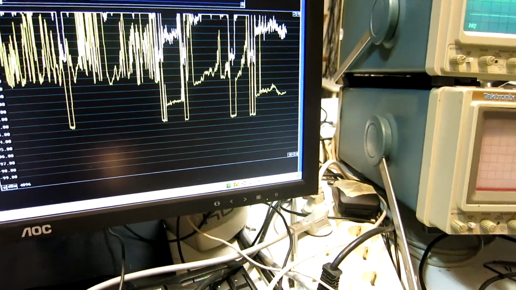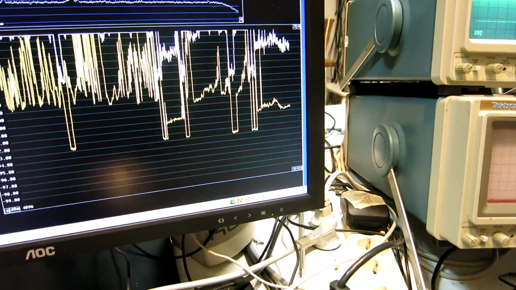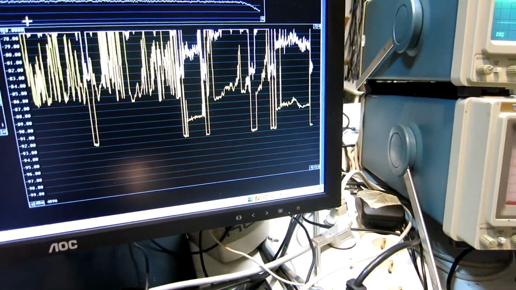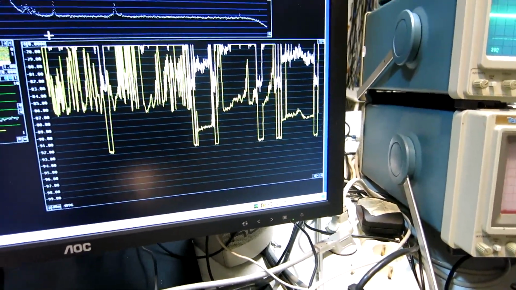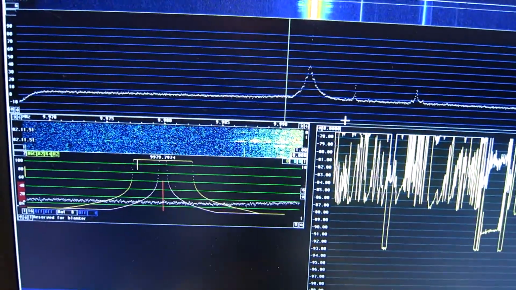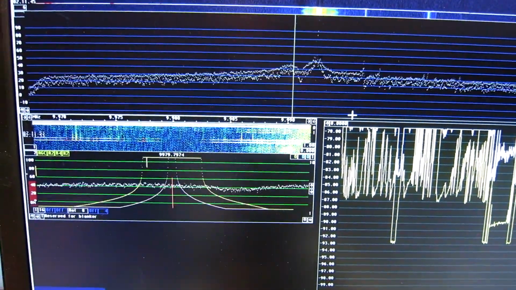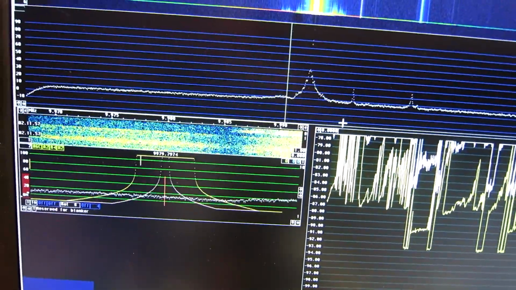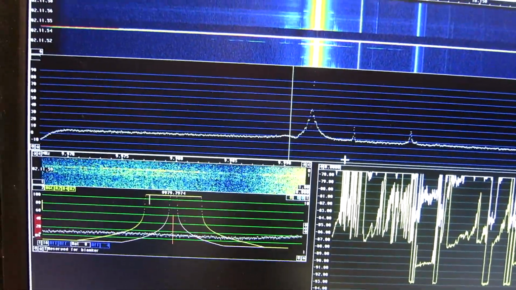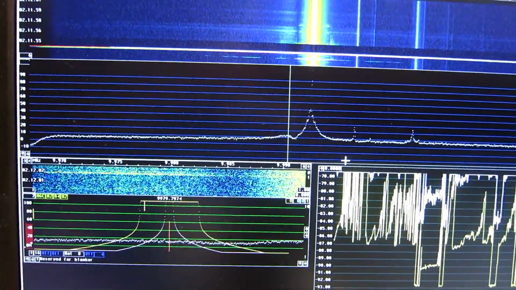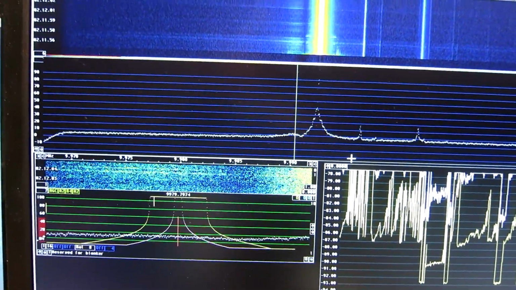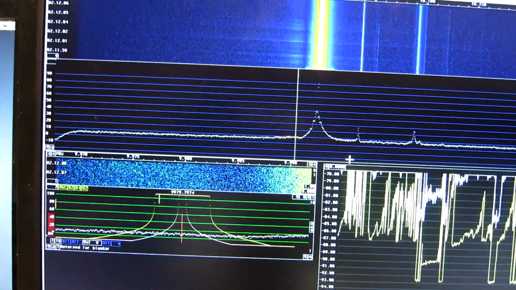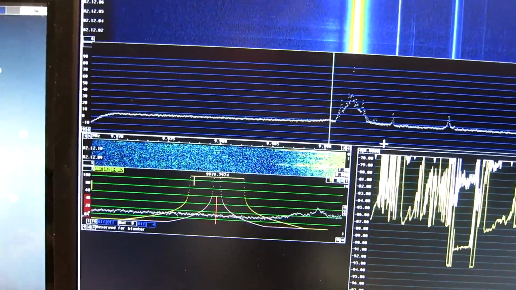And I can stop the oscillator and then turn it on again. And we see noise that is not on the notch. So something odd is going on here also.